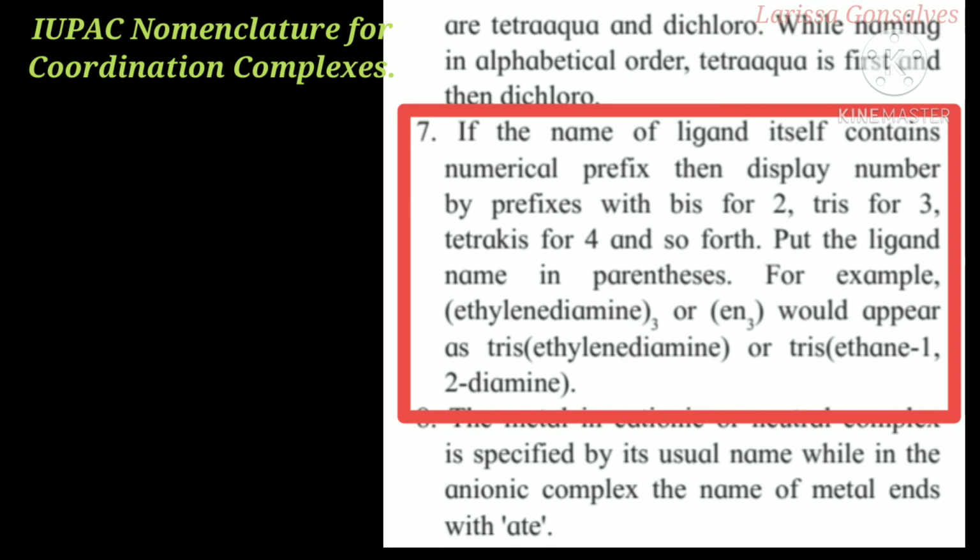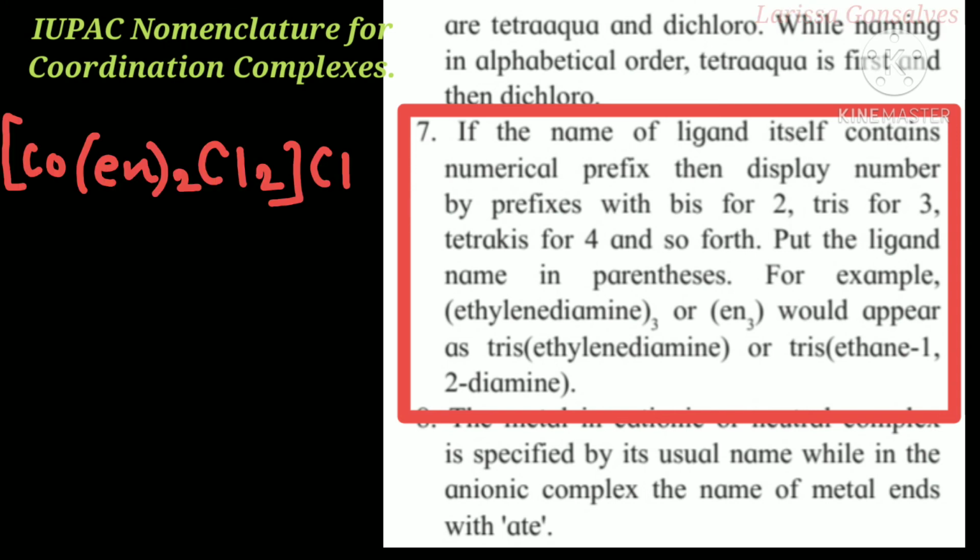Let us understand this with one more example, that is [Co(en)2Cl2]Cl, the coordination sphere and Cl is out. So in this case first we need to identify the ligands. So there are 2 types of ligands, that is en, ethylenediamine, and the chloride ions. So it should go according to the alphabetical order.